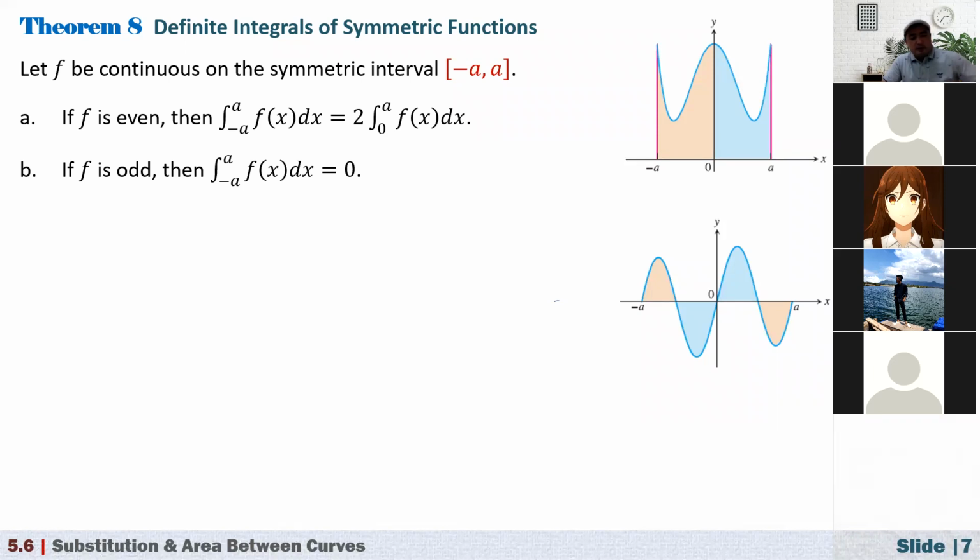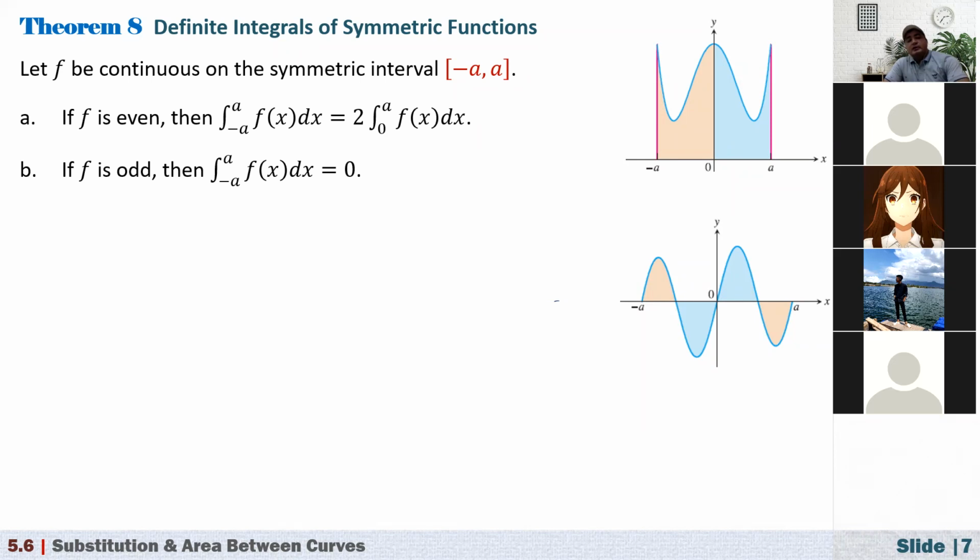Now we have one theorem here. Sometimes it helps us to simplify our calculation, cut it in half, or sometimes even without doing any evaluation calculation, you can get the answer if our function is symmetric.